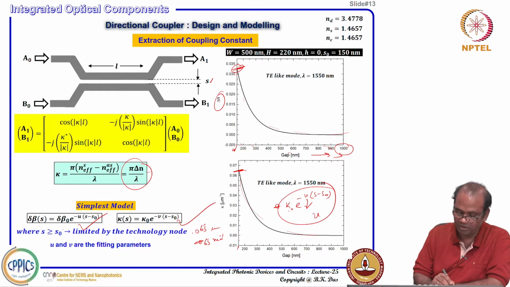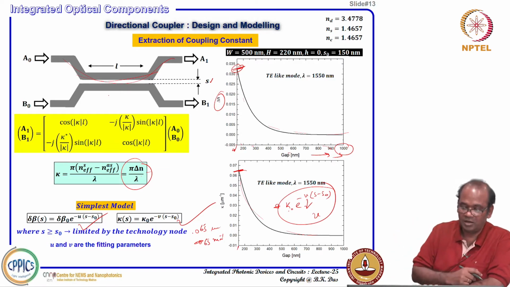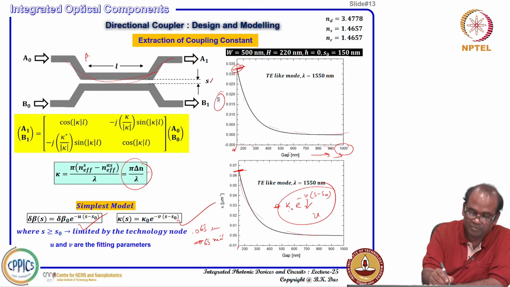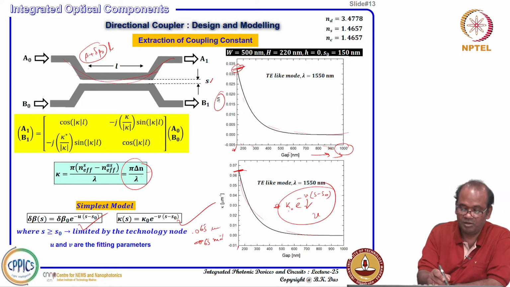Obviously, this delta beta naught is needed because when light propagates in the waveguide, you know the length, but you also need to know the propagation constant, to know how much additional phase is acquired along the travel path. Suppose the original beta was beta naught, then you add delta beta naught, and if the travel length is L, then beta plus delta beta naught times L is the phase for the upper part.